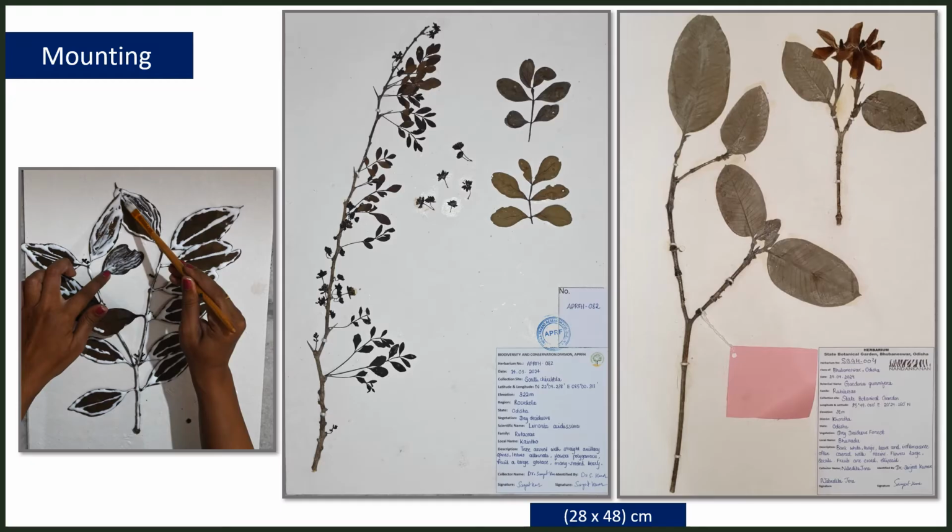The mounting paper, you will find, is a thick paper. Again, you have to make sure that there is enough space for the label to be attached in the right hand lower corner of the herbarium sheet. So it is very important. I'll talk about the label in the later part.